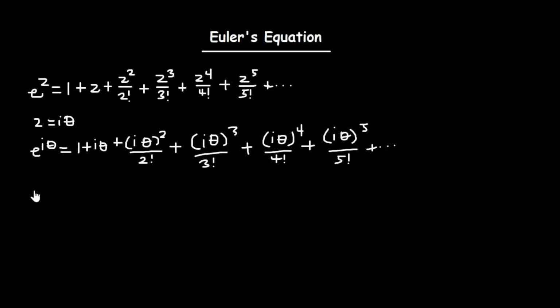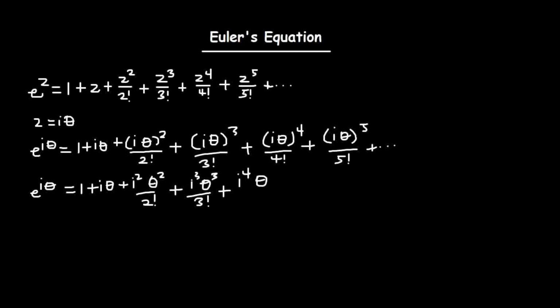So I'm going to write this series as e to the power i theta equal to 1 plus i theta, plus i to the power 2 theta to the power 2 divided by 2 factorial, and then plus i to the power 3 theta to the power 3 all divided by 3 factorial, and then plus i to the power 4 theta to the power 4 all divided by 4 factorial, plus i to the power 5 multiplying theta to the power 5 all divided by 5 factorial, and then the series continues.